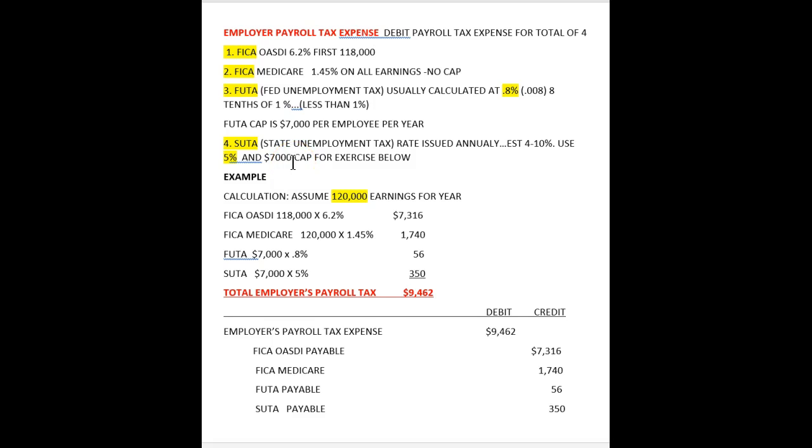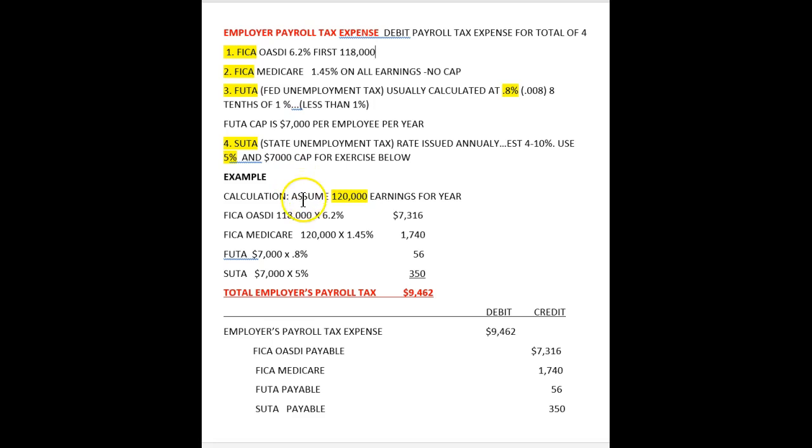So if I earn $10,000, the boss will pay 5.8% actually, between the two, on the first 7,000. Beyond that, if I earn 10,000, that other $3,000 is exempt, so the boss gets off the hook for the extra 3,000.